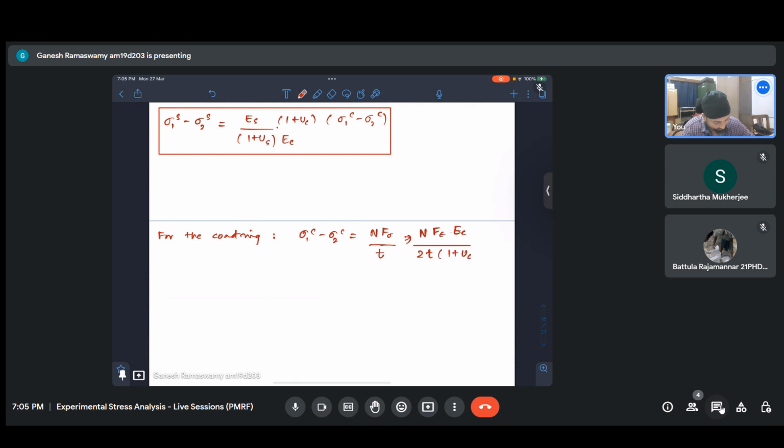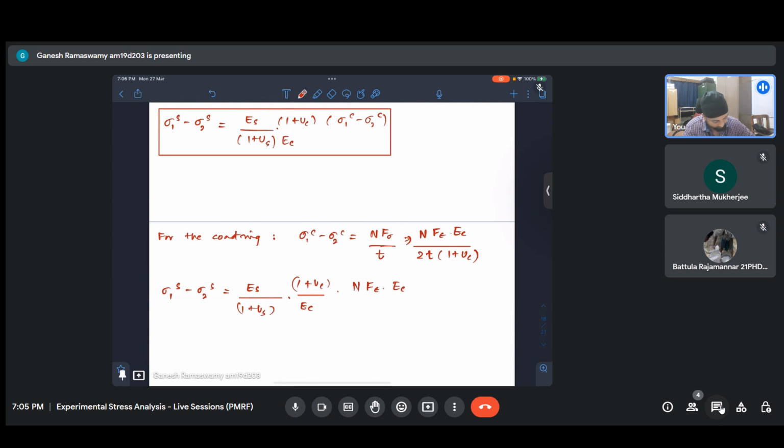So if I were to substitute that back, I'll get sigma 1s minus sigma 2s is Es upon 1 plus mu s into Ec mu c, and we have this here Nf epsilon Ec upon 2t into 1 plus mu c. I can see that these things will cancel out.